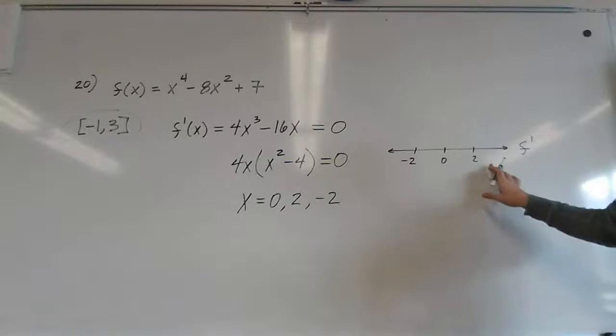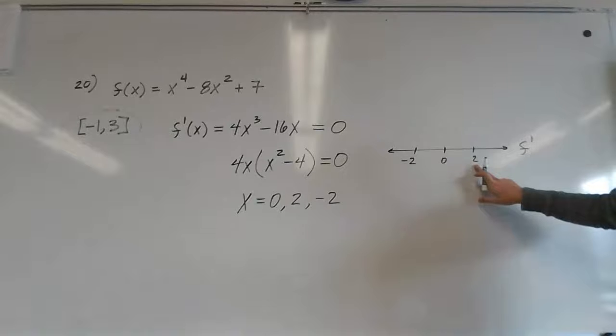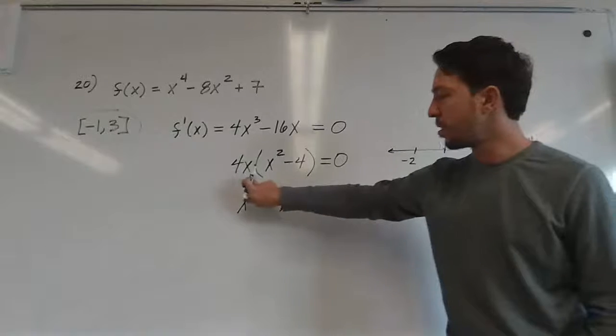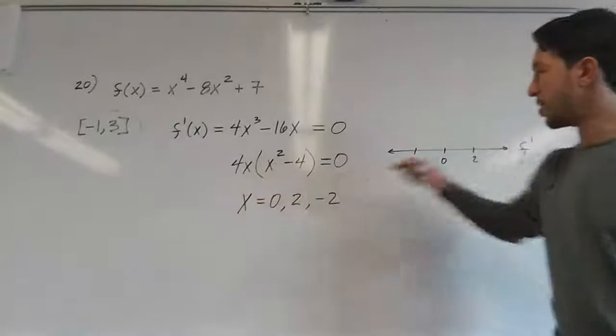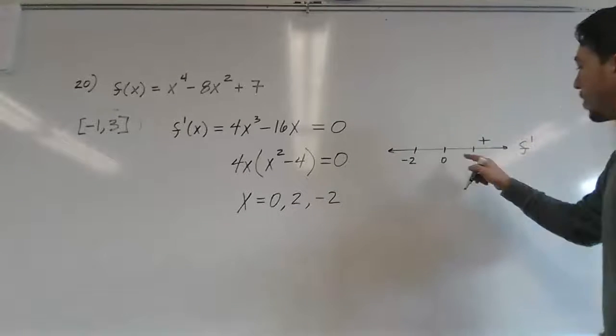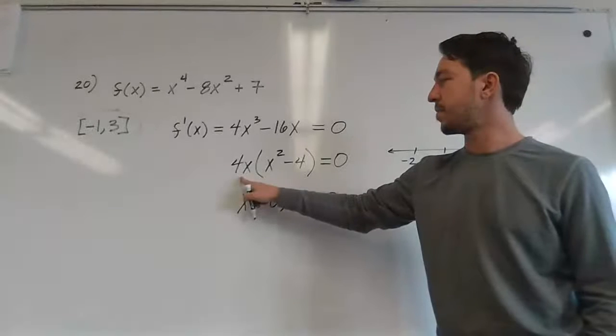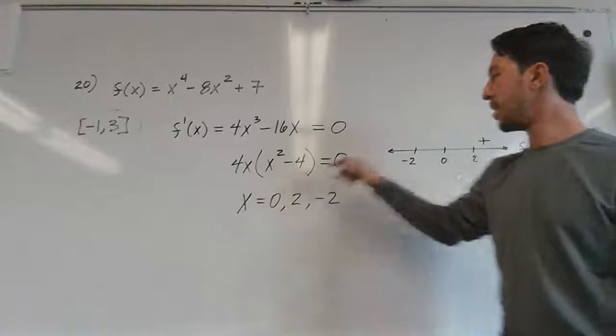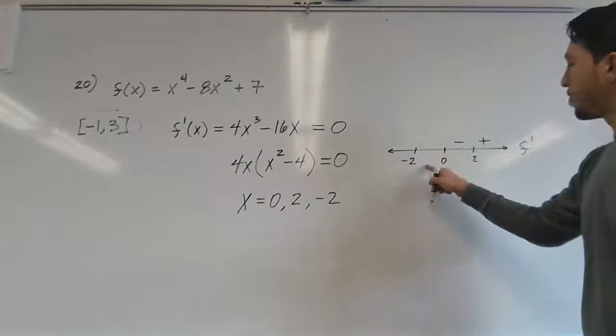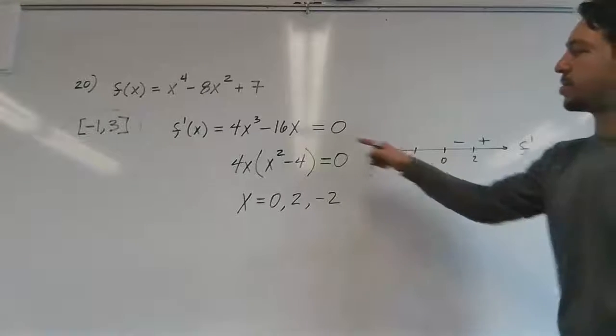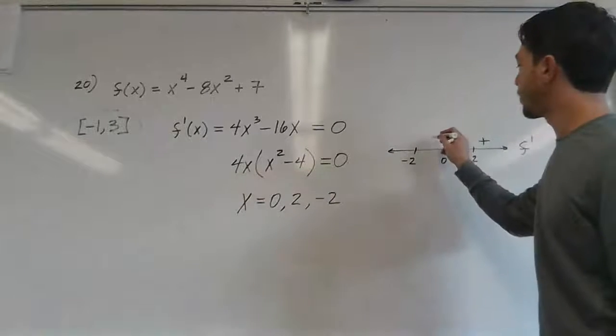Now, a number bigger than 2 would be 3 or something. So positive makes positive. Plug in a number like 1, you have positive times a negative. Plug in -1, you have a negative times a negative.